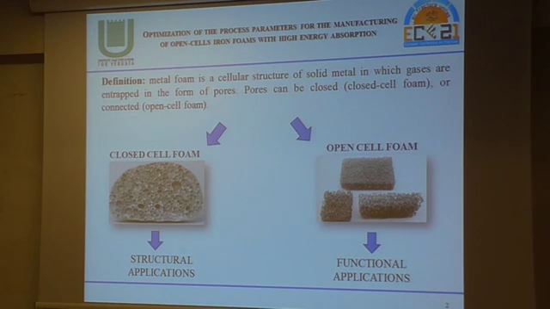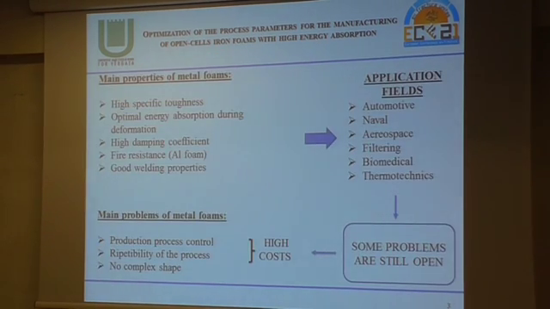If we look at the surface, we find closed cell foam on the left with the smooth metal surface, and typical application is structural for this kind of foam. On the right side, the open cell foam, in which some pores are interconnected from the surface to the core, mainly employed for functional applications.